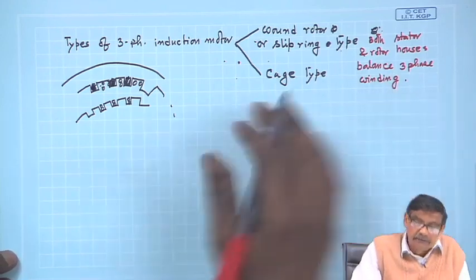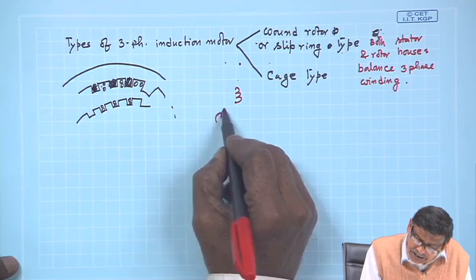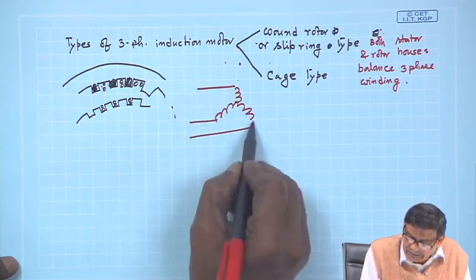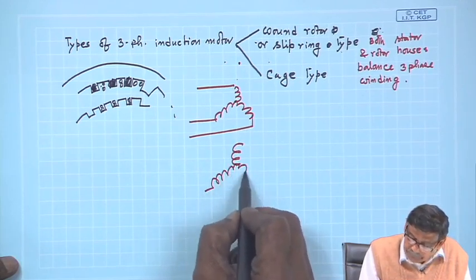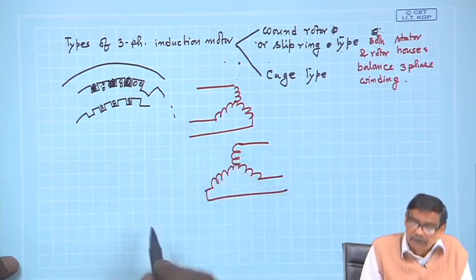And that is why I was drawing like this. This is the stator winding, suppose they are connected in star. Rotor windings also a balanced 3 phase winding. This is how, this is the rotor.